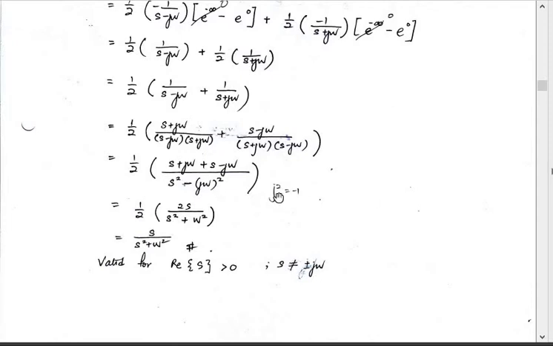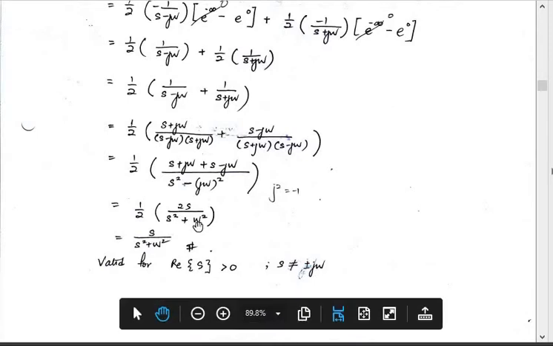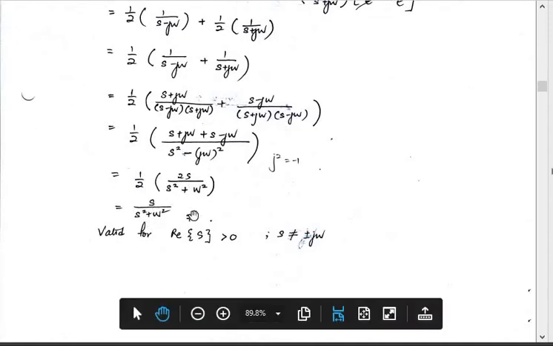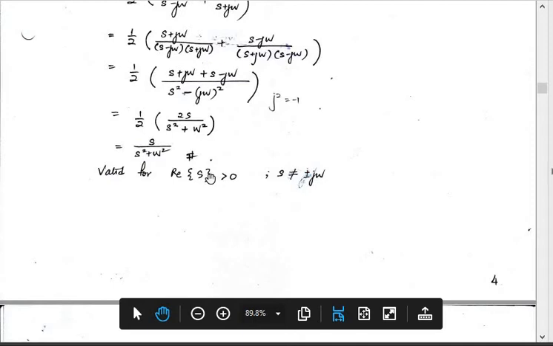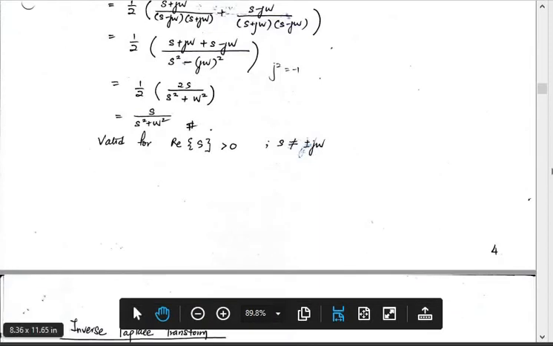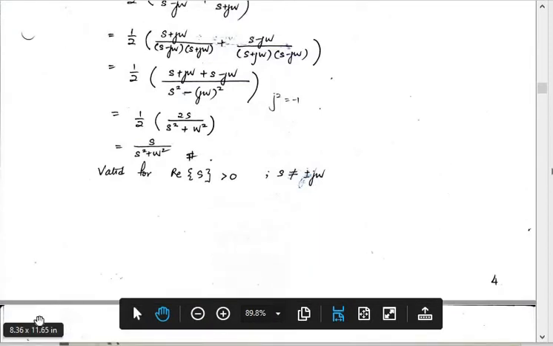As you know, j squared is equal to negative 1, so we get s squared plus omega squared. And then s plus s is 2s, and negative j omega plus j omega cancel out. So the answer is s over s squared plus omega squared, for s real and more than 0 only. So that's all for the examples of the Laplace transform using the definition.